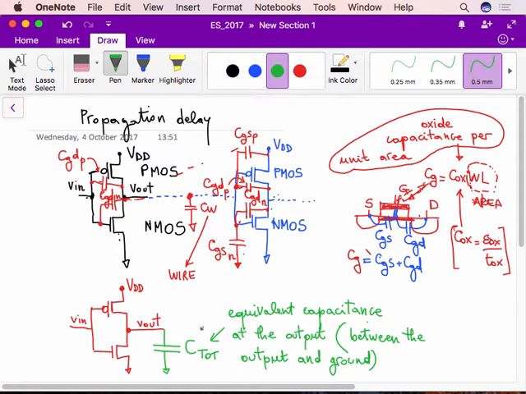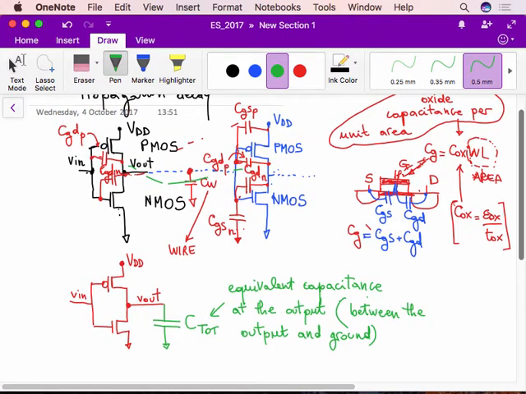But indeed, this is not exactly true, because of course you see that the various CGD are not connected to ground. They are connected here to the output of the second inverter and here to the input of the first inverter. Now, I don't want to take much time in explaining exactly what we do here, but I will give just a brief explanation. The point is that these other capacitances that are connected to the output of the second inverter and to the input of the first one count as twice.